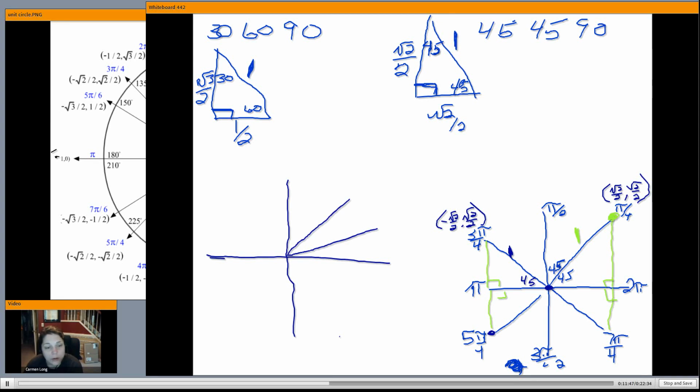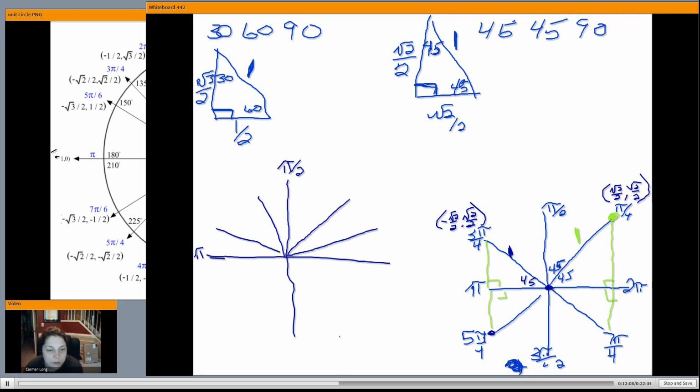all 30-degree angles, because 30 plus 30 plus 30 is 90. So our pi over 2 right here kind of dictates how we're going to divide it up. On the 45, 45, 90, right, we wanted 45 and 45 is 90. And here for the 30, 60, 90, we're going to divide this up into sections of 30-degree angles.